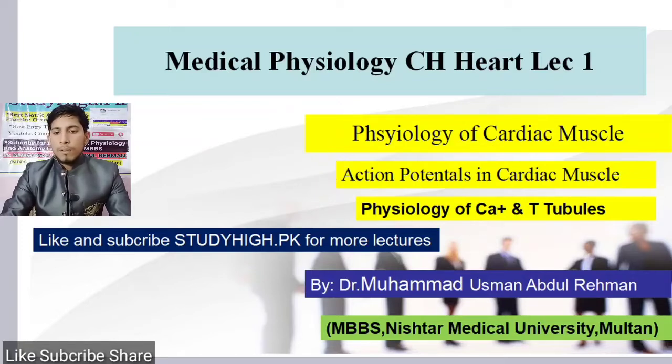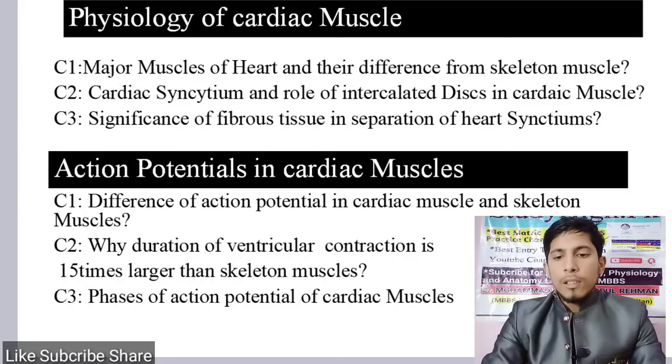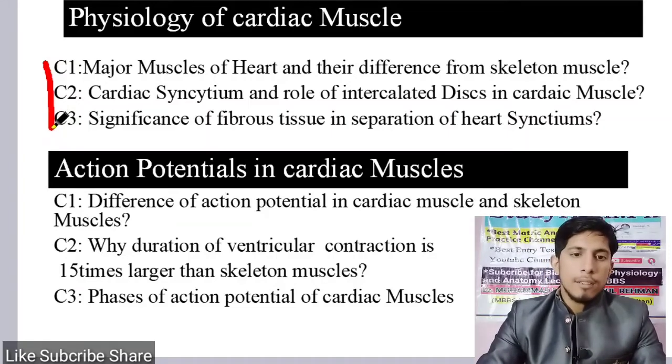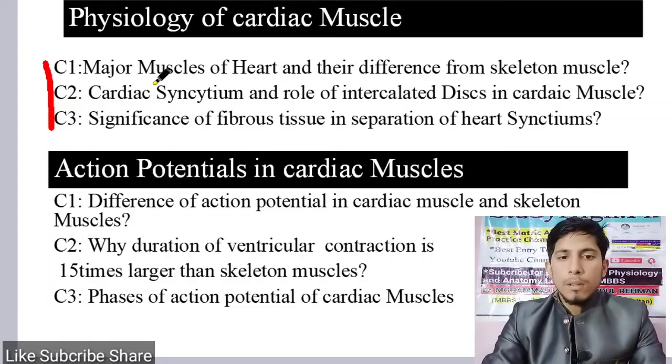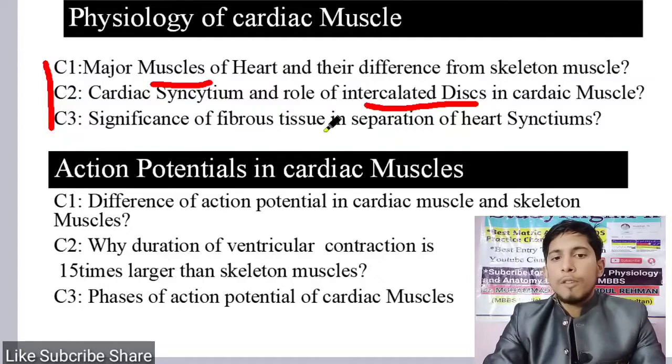So let's start our first topic, physiology of cardiac muscles. So what are the important concepts? C1, C2, C3 are the three important concepts that you will understand after completion of my discussion on physiology of cardiac muscle: major muscles of the heart and their difference from skeletal muscles, cardiac syncytium and the role of intercalated discs in cardiac muscles, and the significance of fibrous tissue in separation of the heart syncytium.